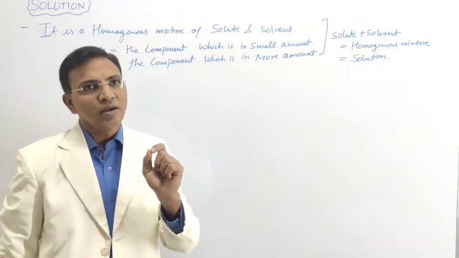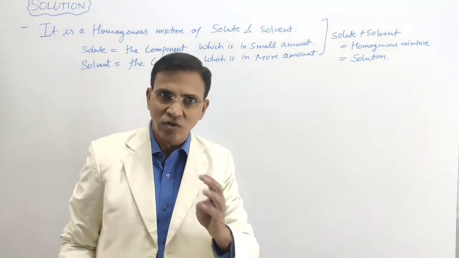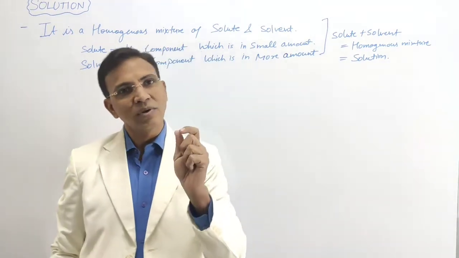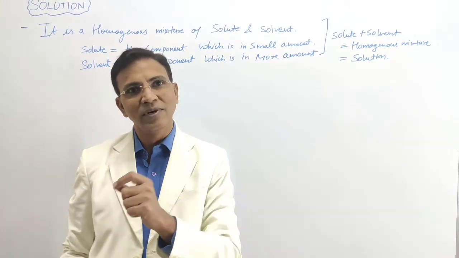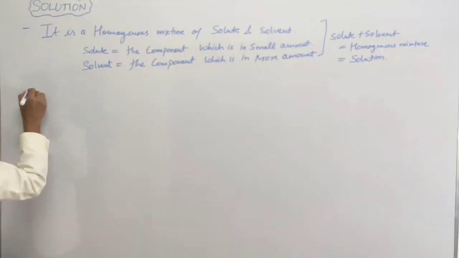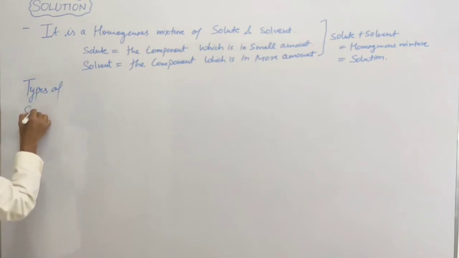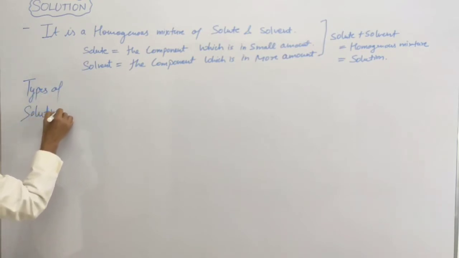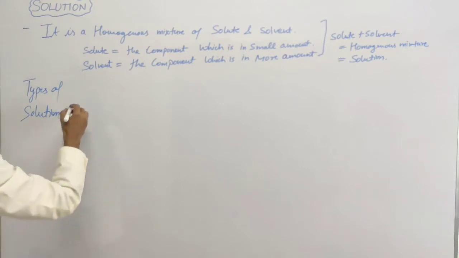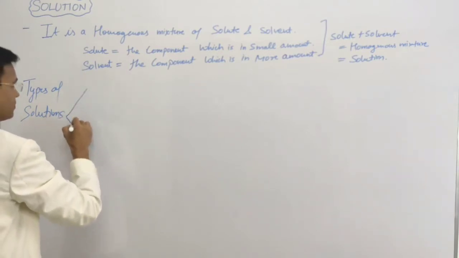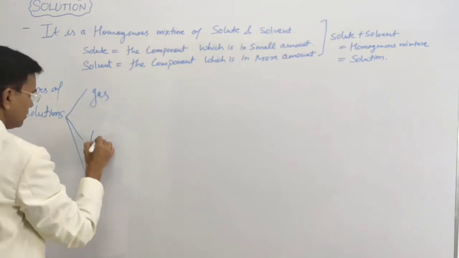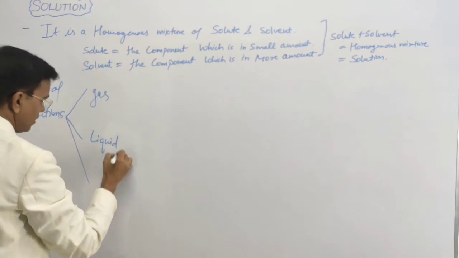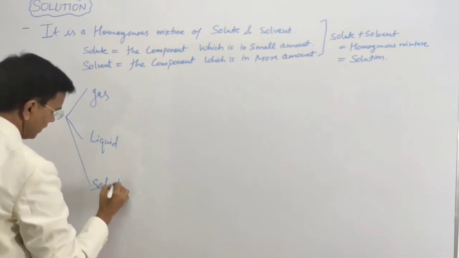Now the solution may be in three different phases, the solid, liquid and gas. So on the basis of these three phases, let us define the types of solutions. So here three phases will be there, that is the gas phase, the liquid phase and the solid phase.